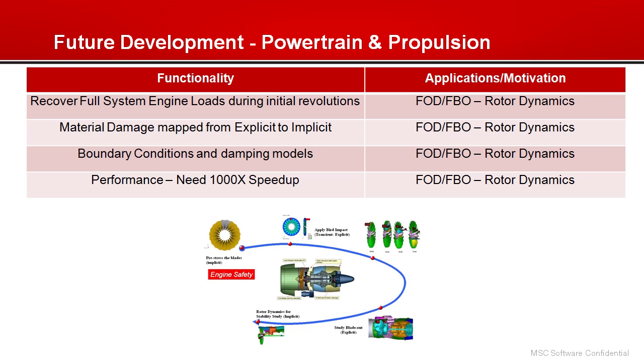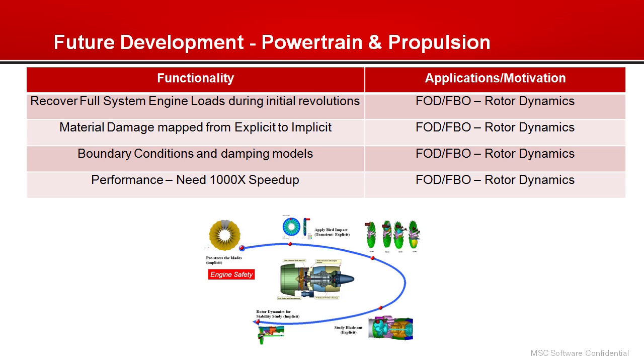Going forward, as far as the future is concerned and the development roadmap, we're working on recovering full system engine loads beyond the initial revolutions, not just the blades and the surrounding structures, but everything. We are looking for methodology to capture all the damages and map those from explicit to implicit. We are working on improved boundary conditions and damping models.